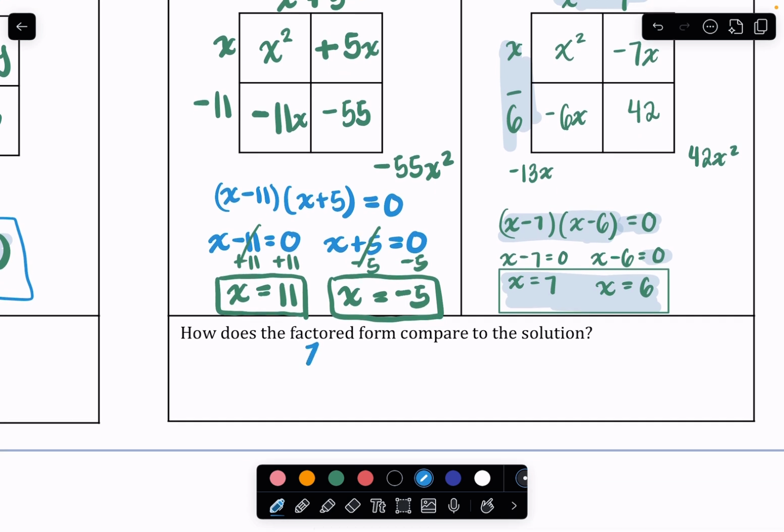Factored form is when we had it as x minus 11 times x plus 5. Now the solution is different. This is when we said x equals 11 and x equals negative 5. So looking at these two examples, how do they compare?